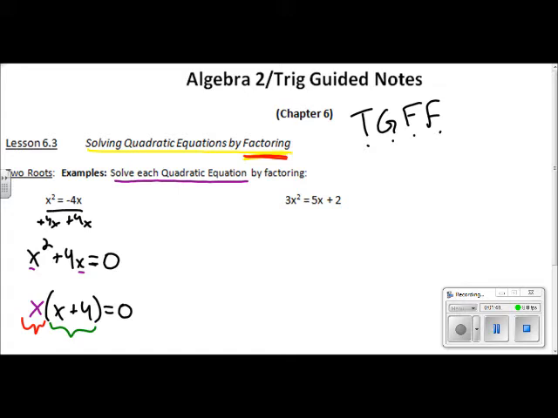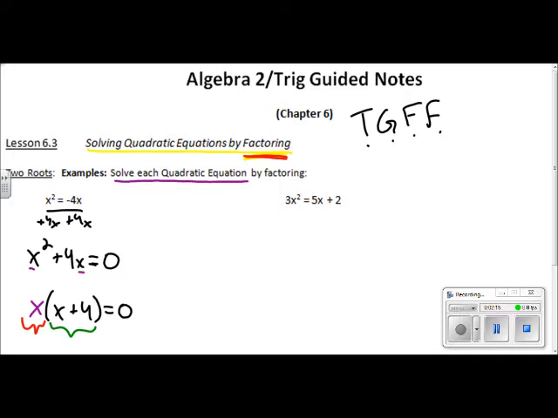Both of them are being multiplied together to get 0. So essentially we have one number, we'll say n, times another number, maybe m, multiplied to equal 0. Anytime we have two numbers multiplied by each other to equal 0, one or the other has to be 0. Either n equals 0 or m equals 0. One or the other has to happen.